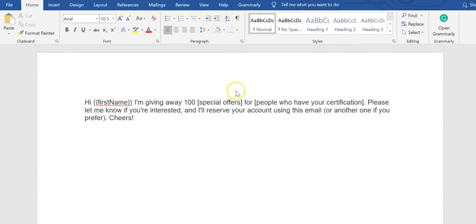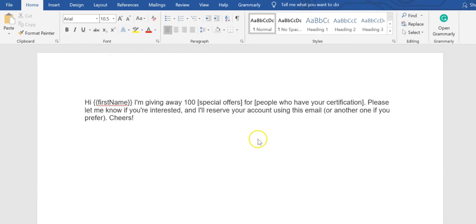All right, so I wrote "Hi, first name," and that's programmatically entered from the spreadsheet, whatever the person's first name is. "I'm giving away 100 of the special offers for people who have your certification," whatever that particular certification was, where I pulled the list. And for those of you who want a little technical details, what I did was I went into LinkedIn Sales Navigator.